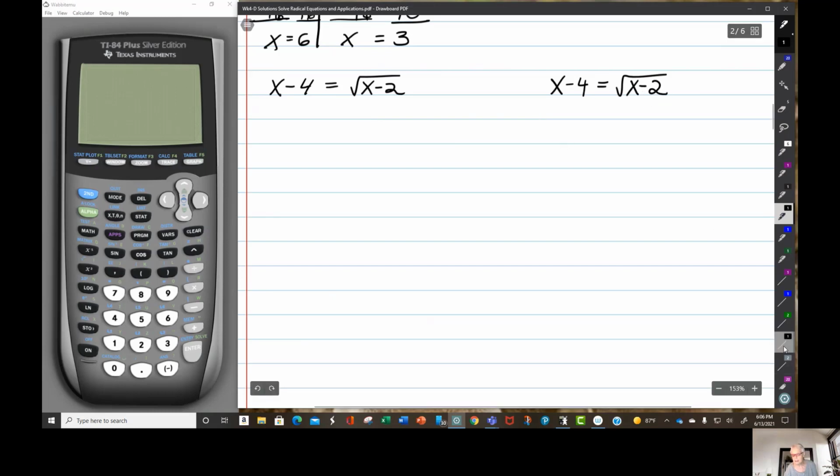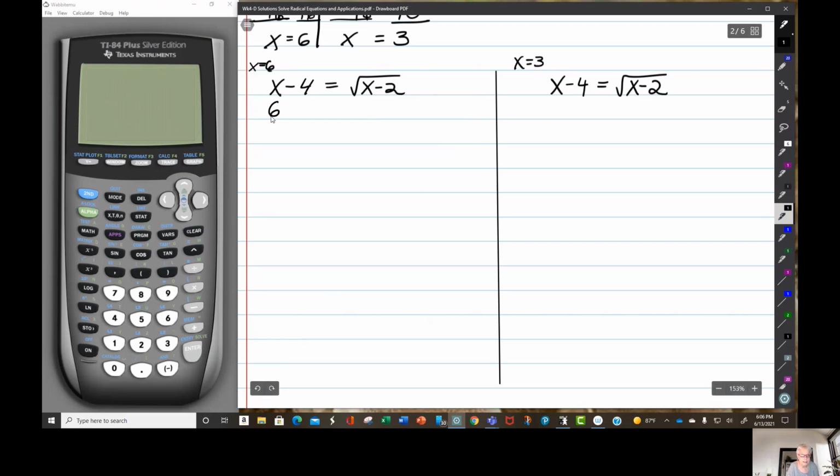Now this is how I'm going to check my answer. This side I'm going to let be x equals 6, and I'm going to let this side be x equals 3.